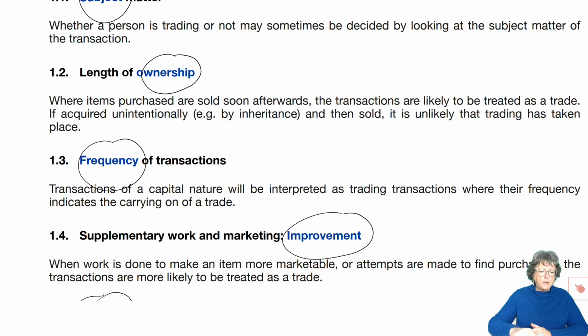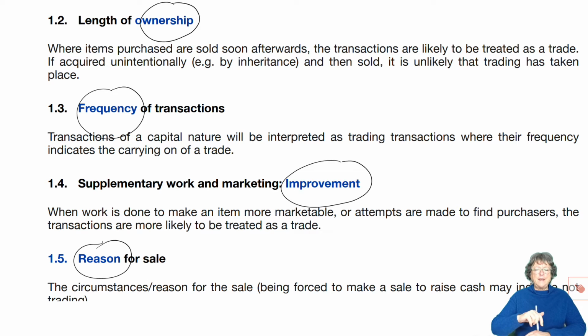How long have you owned the asset that you are selling? So it says there, where items purchased are sold soon afterwards, transactions are likely to be treated as trade. You wouldn't hold on to your stock. You would get rid of it as quickly as possible. If acquired unintentionally, i.e. you inherit it, and then sold, it's unlikely to be trading.